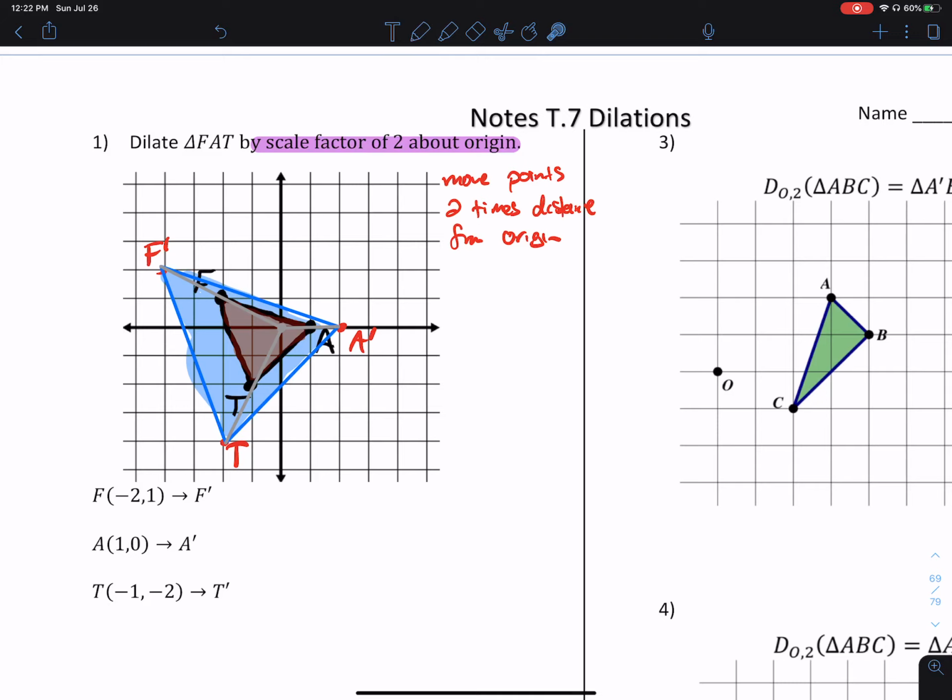So in other words, origin, A and A prime are all collinear, origin, T and T prime are collinear, origin, F and F prime are collinear. If that ends up not being the case, you've certainly made a mistake.